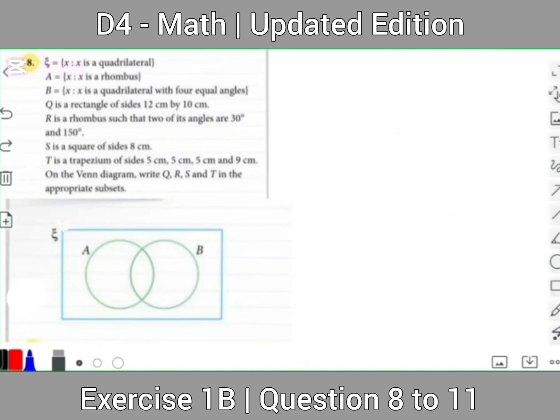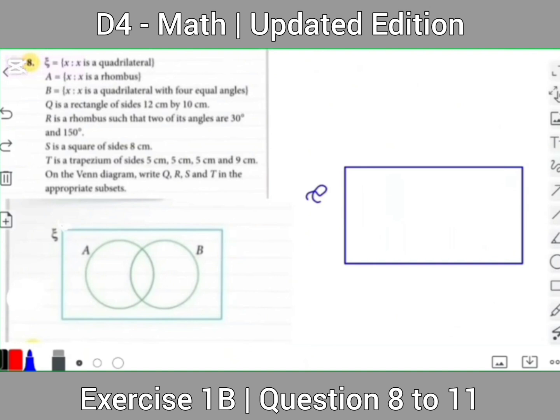So, before solving this question, first we will understand one concept. Here we will draw a rectangle for the universal set eta, and inside it we will draw two overlapping circles for the sets A and B, respectively.